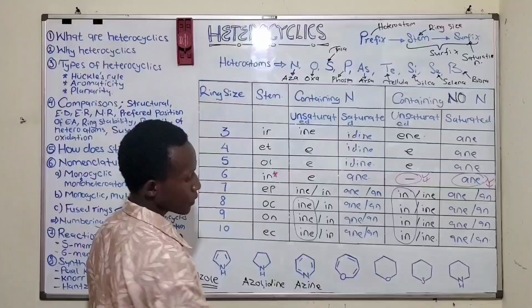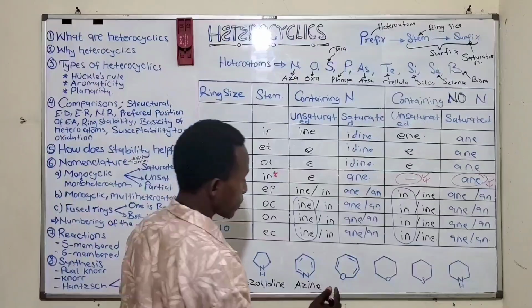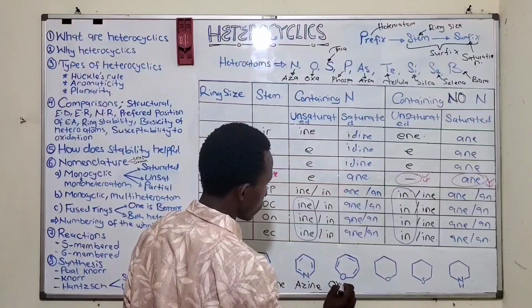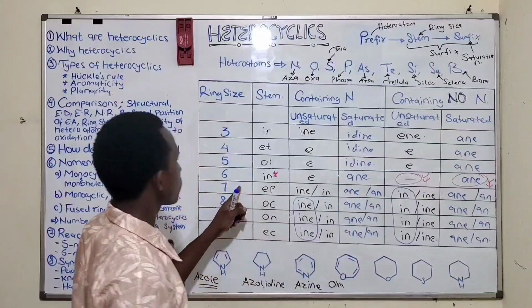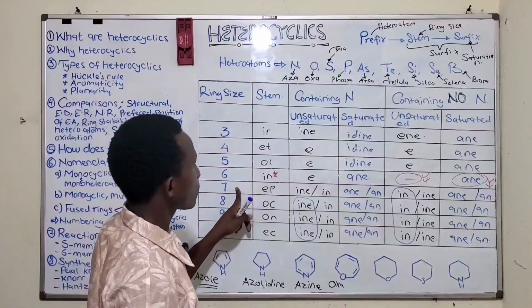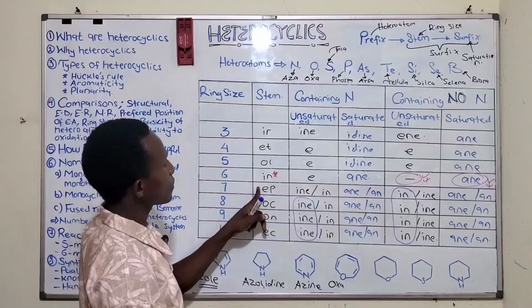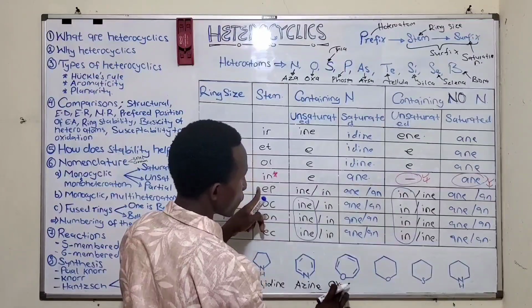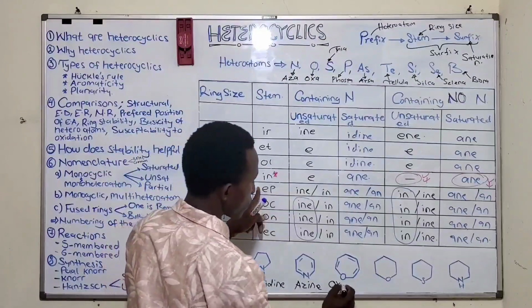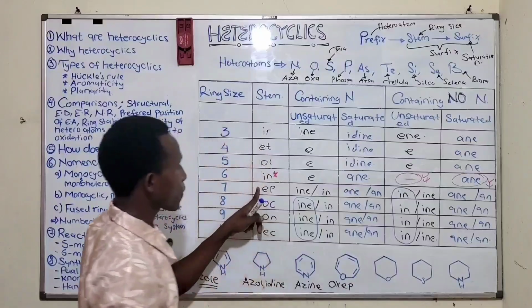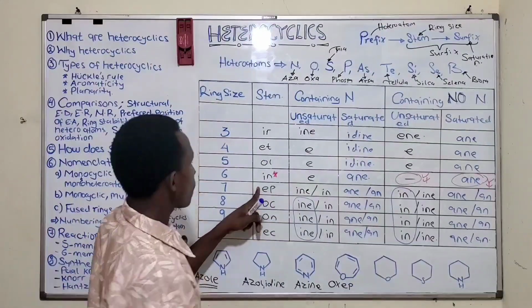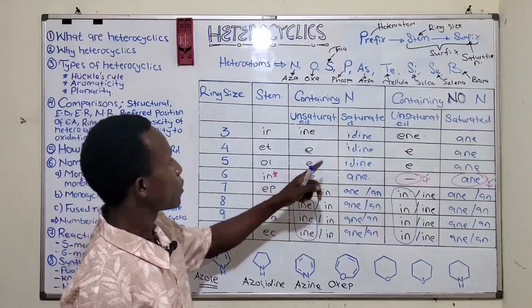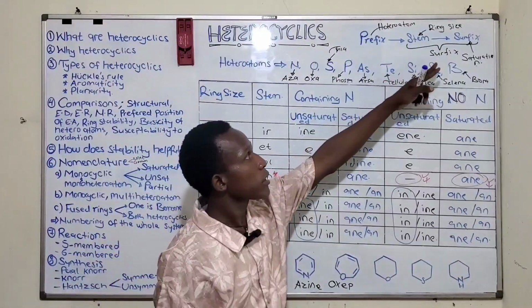We got this one. It has oxygen. So we put oxa. It is 7-membered. 7-membered, it's here. The stem is EP. So we remove A because they are both vowels. So we put E and P. Then from here we go to the suffix.